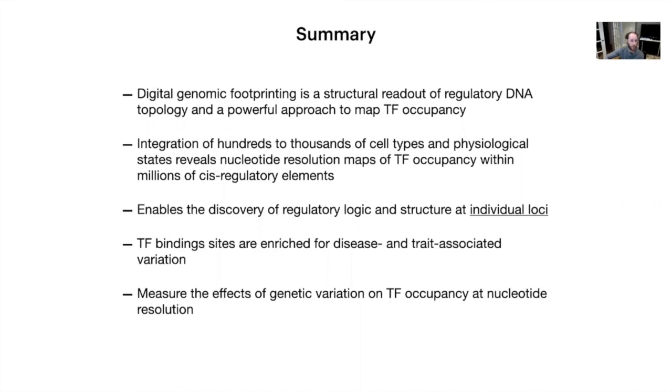Digital genomic footprinting also enables the unbiased de novo discovery of regulatory logic and structure of individual loci. We can measure the effects of genetic variation on TF occupancy at nucleotide resolution using this approach. And using this, we were able to show that disease and trait-associated variation is specifically and preferentially enriched within footprints versus non-footprinted regulatory DNA. Now, there are many more findings in the paper, and I hope you give it a read and take a look.